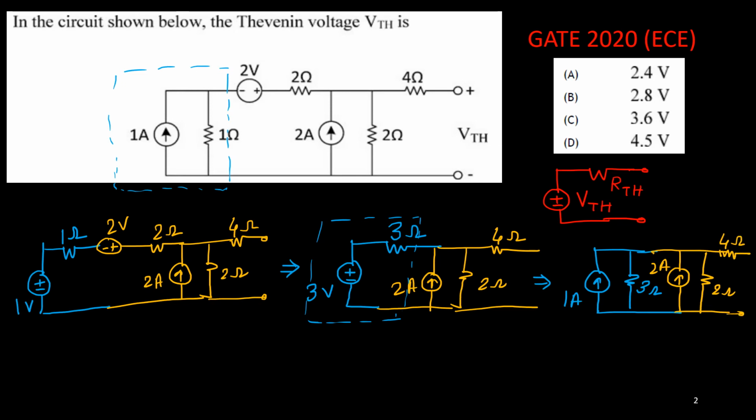Right? Now what I can do, this current source and this current source are parallelly connected, in the same branch. So we'll redraw this circuit, it will be better, you will understand better. So this is your current source, and that current source I'll put first.